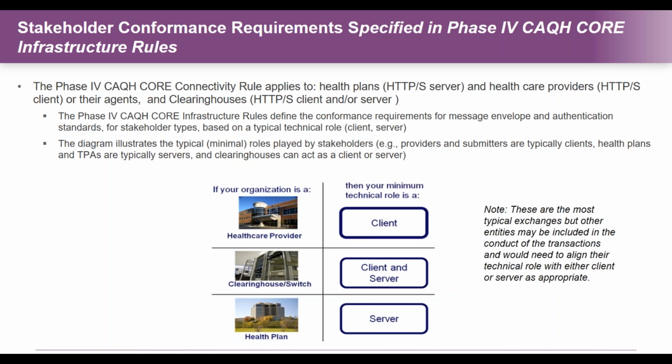For example, what you see in this diagram here at the bottom is the health plan typically plays the role of a server. That's the minimum technical role for a health plan. A healthcare provider plays the role of a client, and a clearinghouse, which acts as the intermediary, plays the role of a client and the server. So the side of the clearinghouse that faces the provider acts as a server, and the side that faces the health plan acts as a client. So in that sense, it has both roles.